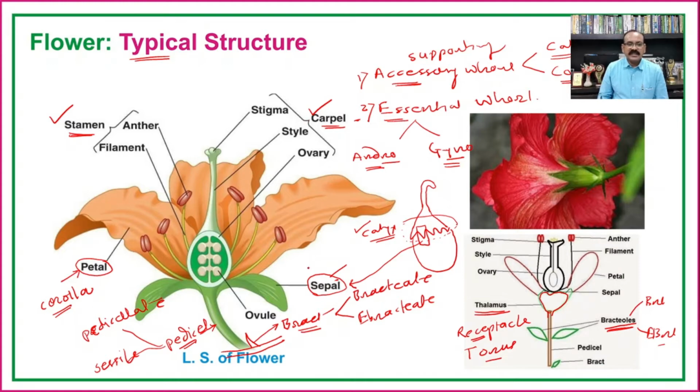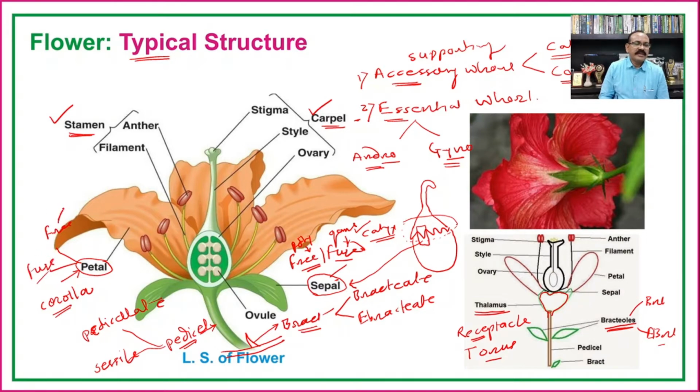The calyx or the sepal may be free or may be fused, and on that basis the sepals are considered as polysepalous if free and gamosepalous if fused. In a similar manner, even the petals are considered as free petals and fused petals.